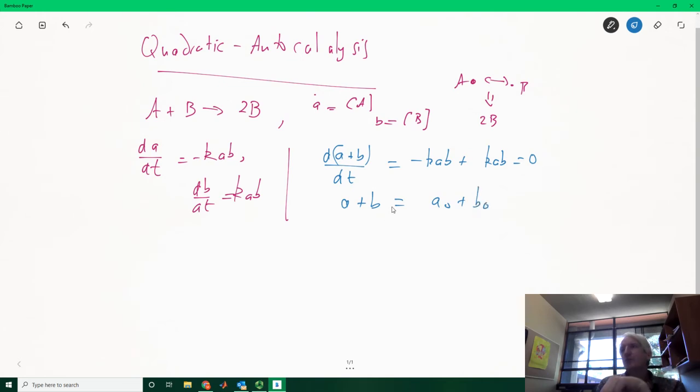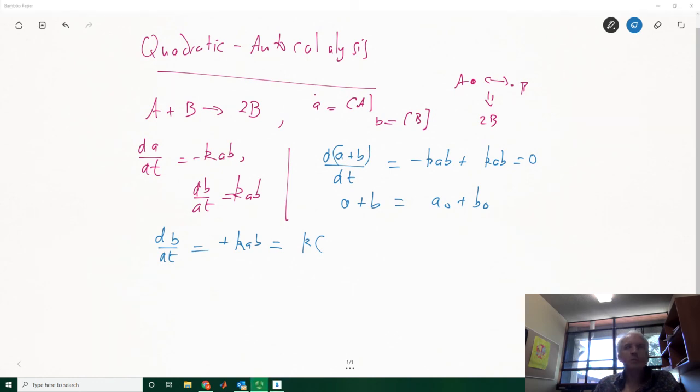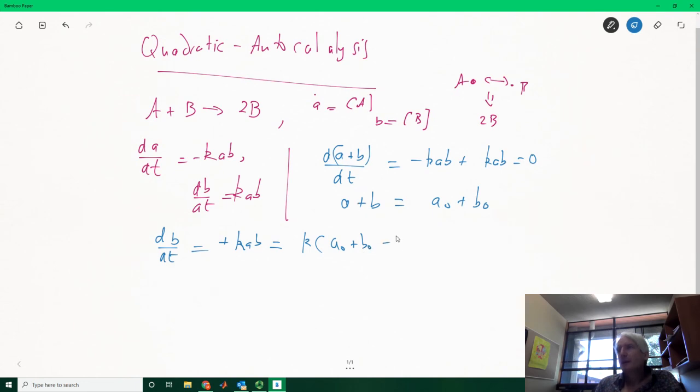So if we substitute that, we end up with dB/dt equal to plus kAB, and then A is equal to A naught plus B naught minus B. So it's k times (A naught plus B naught minus B) multiplied by B. This is completely the same as the logistic equation.